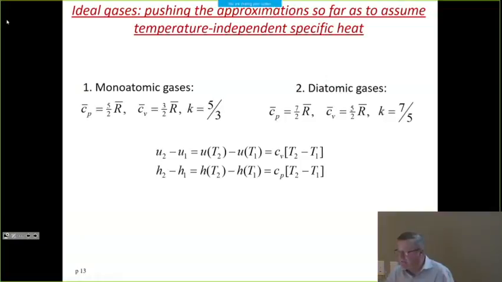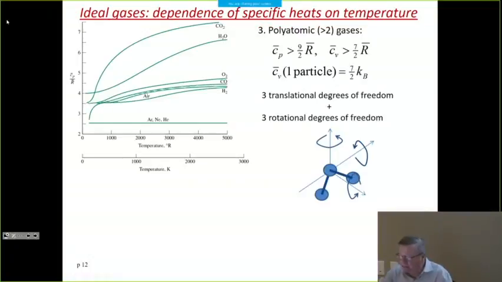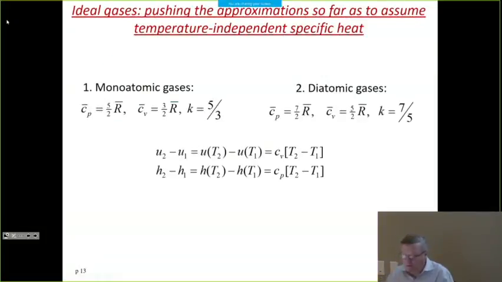Let's make the approximation that none of this is temperature dependent, which was the picture we had before. If we work at low enough temperature, these things are sort of constant. So if they're not temperature dependent, this is your value for your Cp and your Cv. You just know what it is. If it's a monoatomic gas, 5 halves for Cp, 3 halves for Cv. Diatomic, 7, 5. So you know everything.